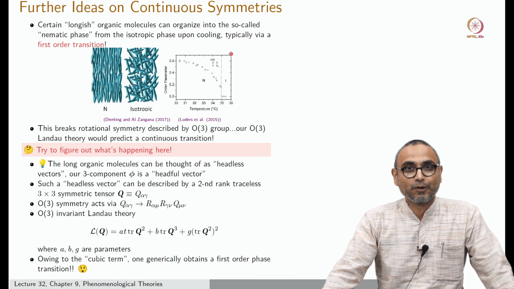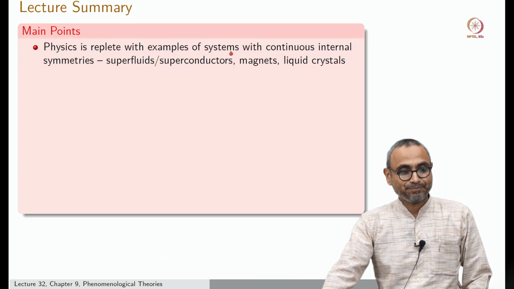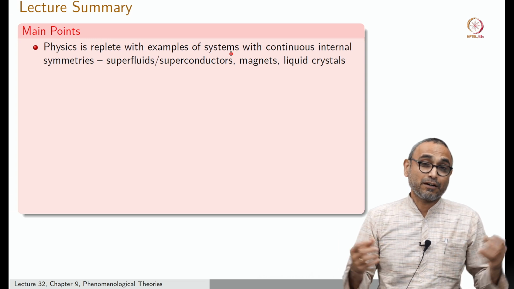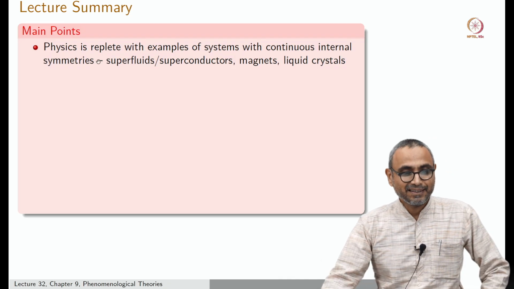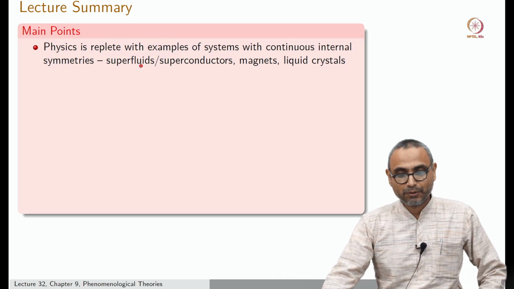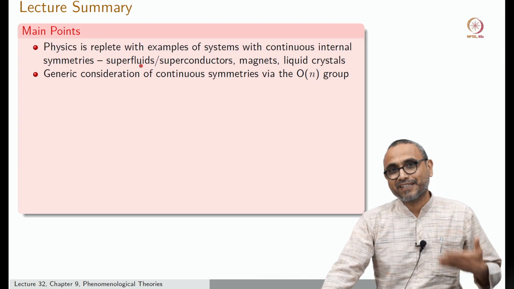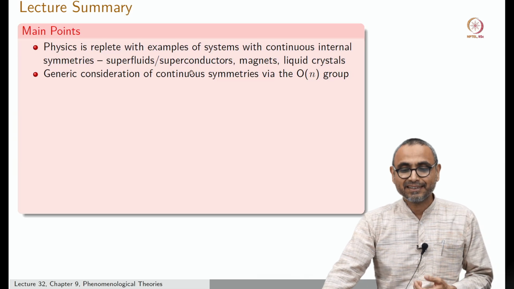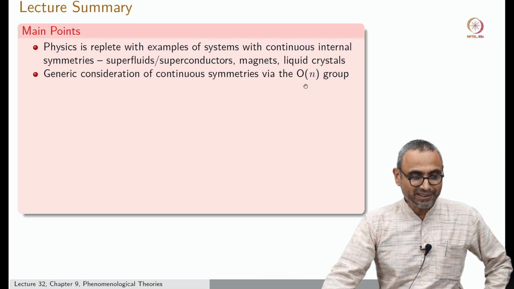Okay friends, we have discussed quite a few things today, so it is a good time to summarize. The world around us is full of examples with continuous symmetries. You have superfluids, magnets, liquid crystals, whatnot. So what we tried to do is study phase transitions in systems with continuous internal symmetries using the O(N) group, so that we can attack all these problems all at once.